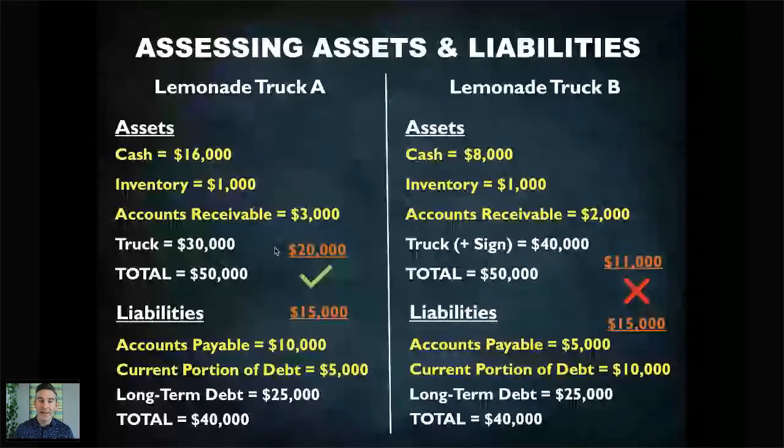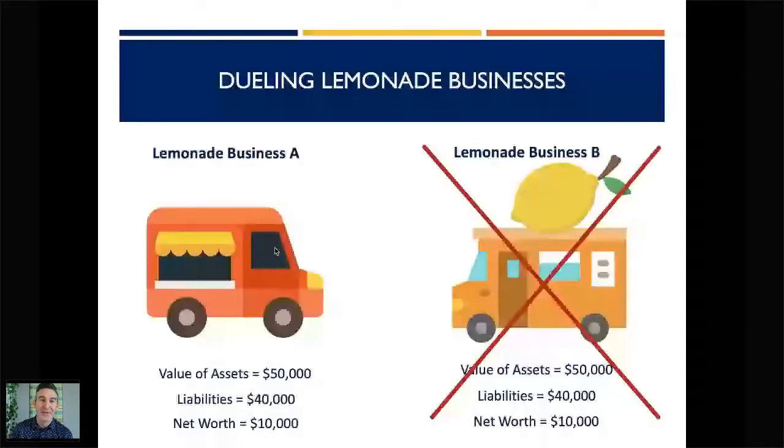I think I need to redo this presentation because I'm just a killjoy. No VW vans, no lemonade trucks with lemons on them. I'll rethink that. But I just wanted to use that as an example of how you really do need to get into the details around the assets and the liabilities if you really want to understand what you're getting into.